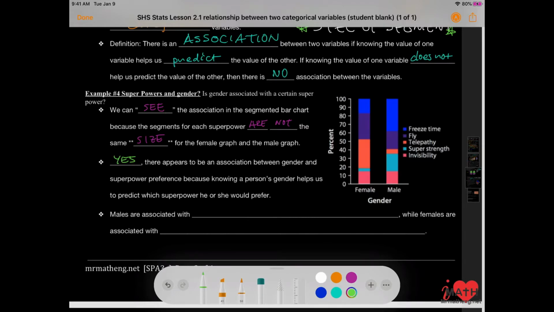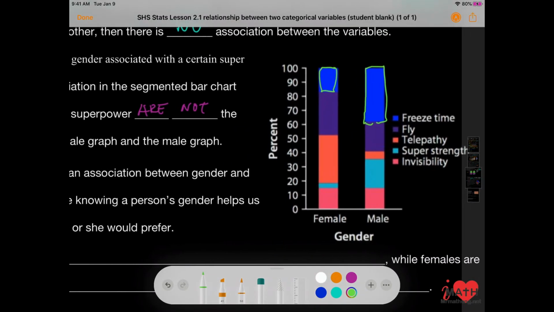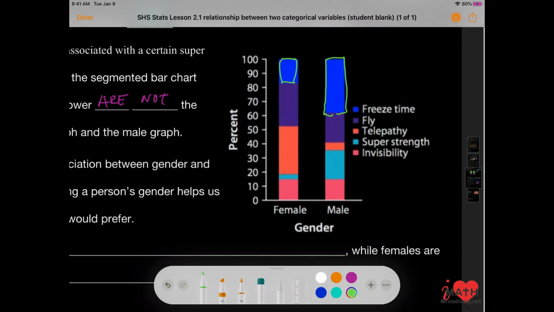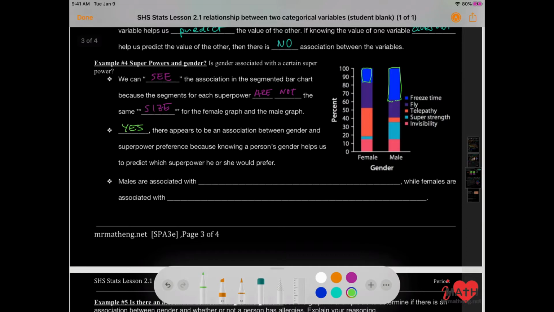Okay? All right, so look at the males. The right one. Which one is bigger in terms of, say, you could just do it by colors if you wanted to, really, right? The blue one. Which one's bigger? Well, the right side is, and that corresponds to males. So males are associated with what? Freeze time. So look at the size of their segment.